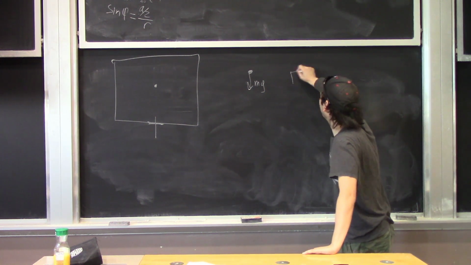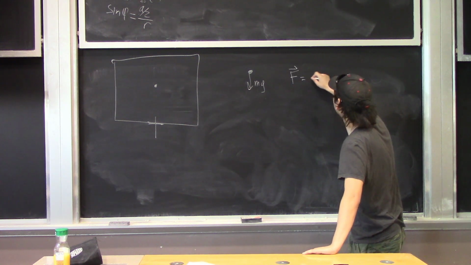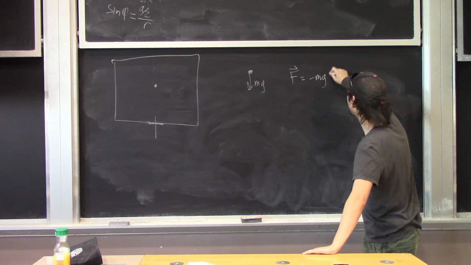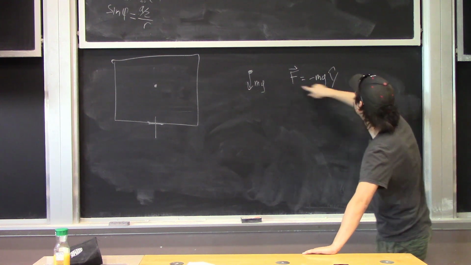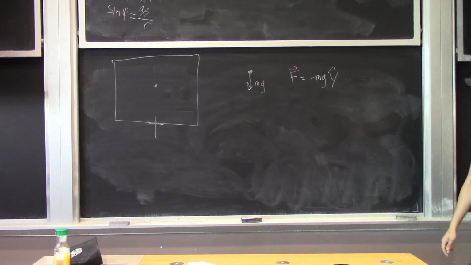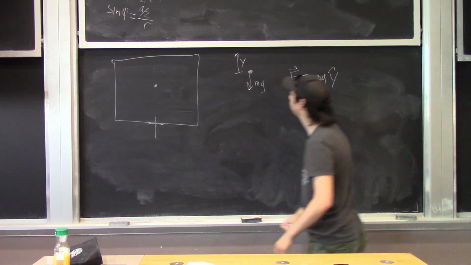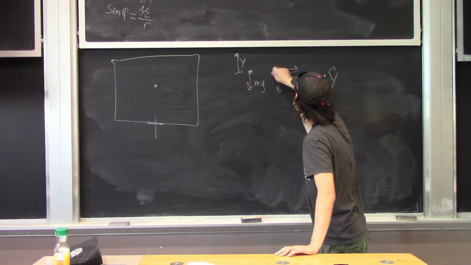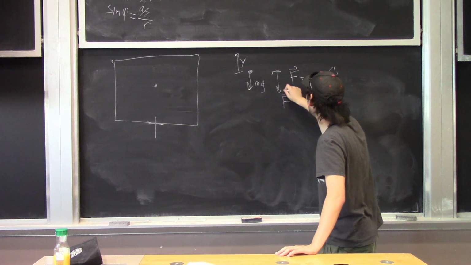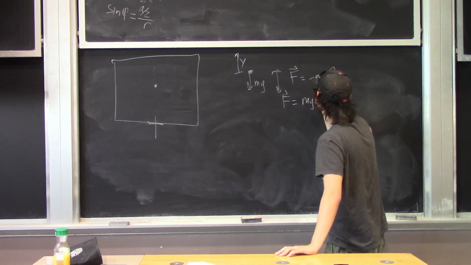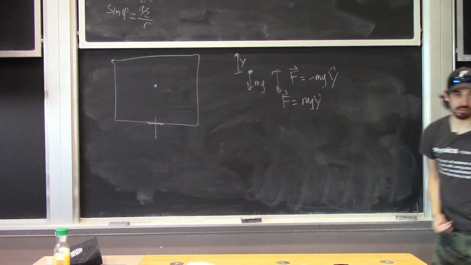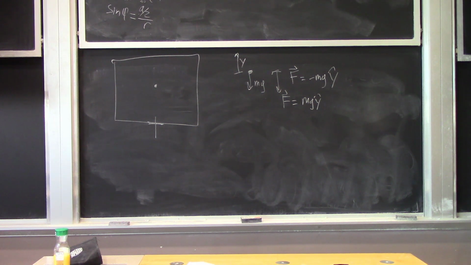You could say F vector is equal to minus mg y hat, if I say that the y direction is up. But I could say that the y direction is down, in which case F vector is equal to mg y hat. So even last semester we saw it's really important to define an origin.